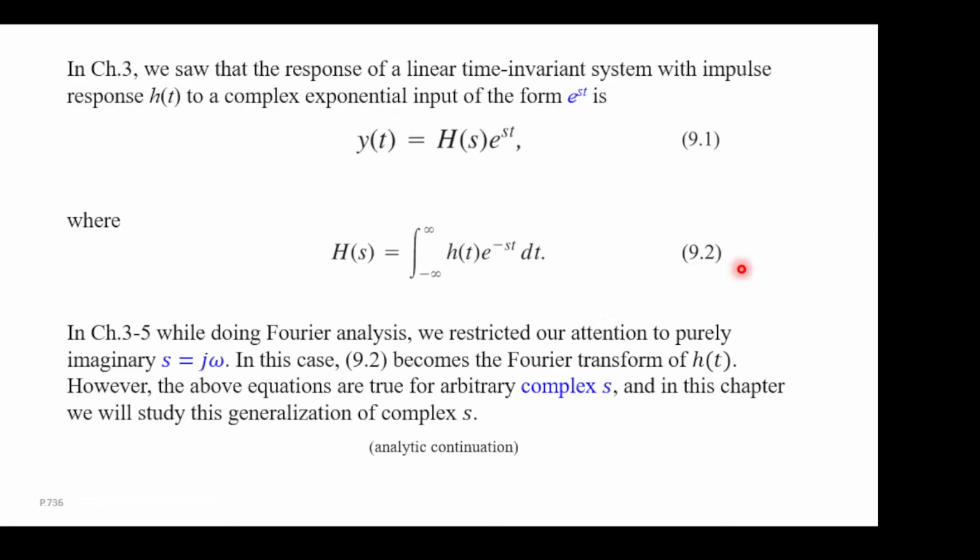So basically, the idea was we said that the eigenfunctions of LTI systems are those e to the st, and those s can actually be complex numbers instead of purely imaginary. So we think about what happens when we have purely imaginary s.